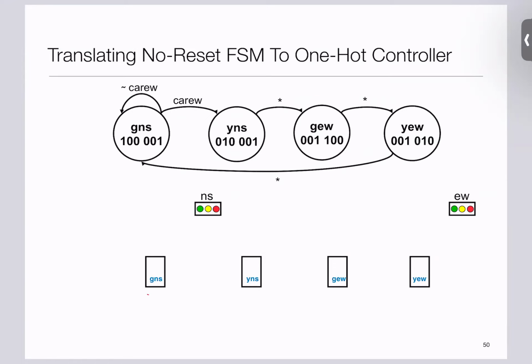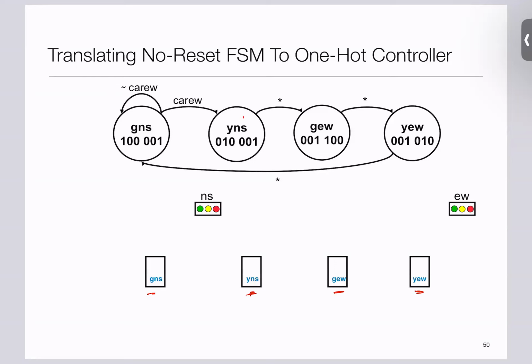So this is the GNS flip-flop, this is the YNS, GW, and YW. If YNS has a 1, that means that I'm in the state YNS, and the other 3 will have to be 0. So we start by putting these down, and then of course I have the 6 lights.